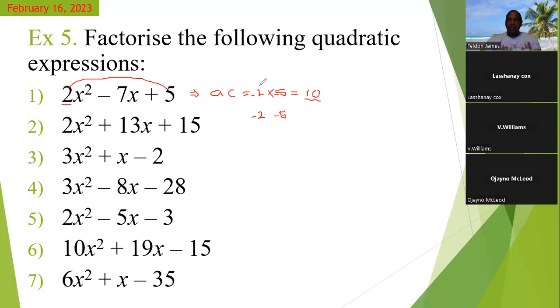But if you add +2 plus +5, you would not get -7. We want, when we add the two numbers, to get -7. So we could now try -2 times -5, we still will get the +10. If we add -2 plus -5, now we will get the -7. Hence the reason why we are using negative here. Is that clear?